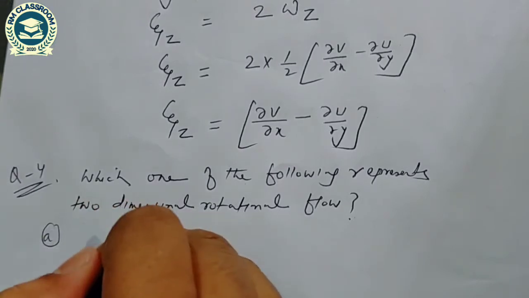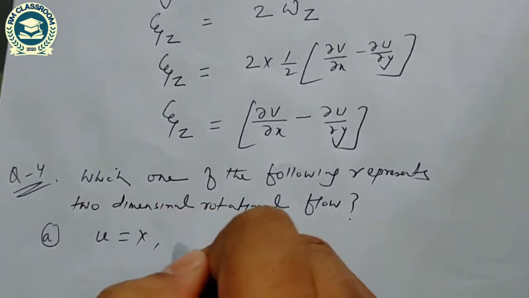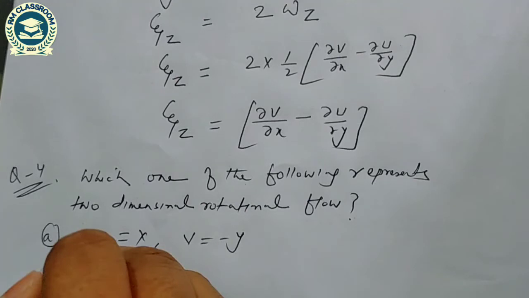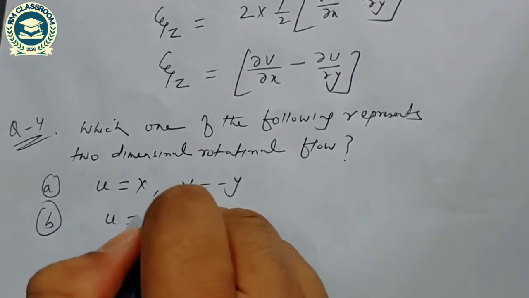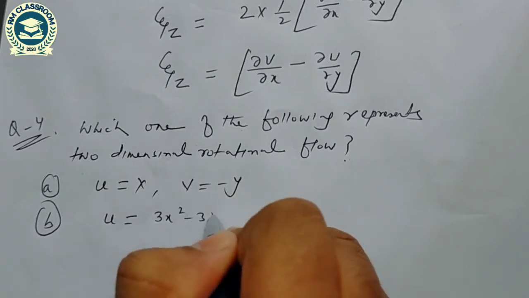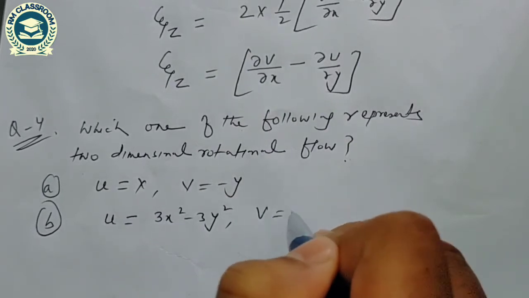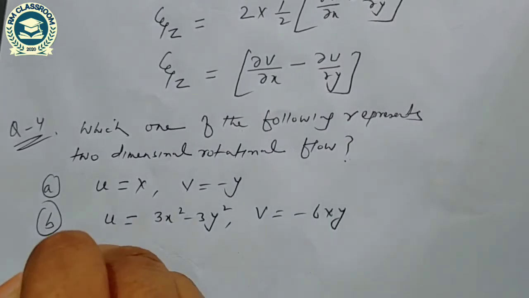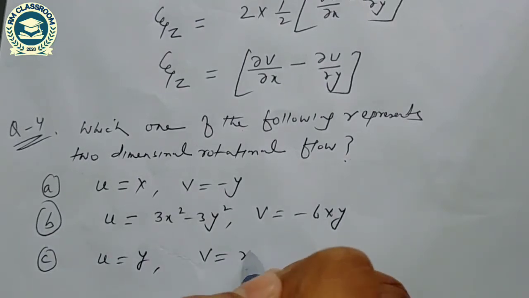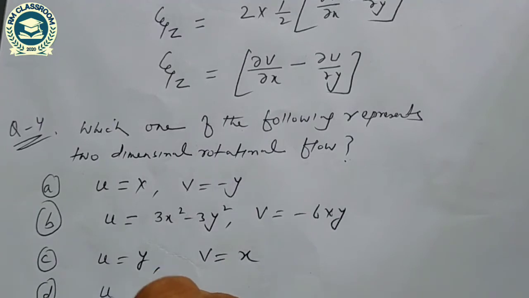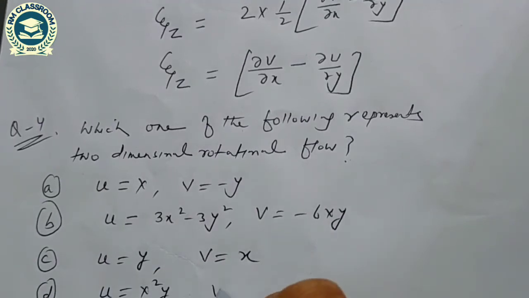Option A, u is equal to x, v is equal to minus y. Option B, u is equal to 3x square minus 3y square, and v is equal to minus 6xy. Option C, u is equal to y, v is equal to x. And option D, u is equal to x square y and v is equal to minus x y square.